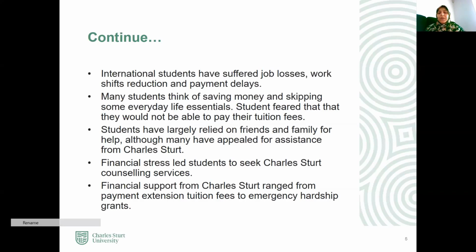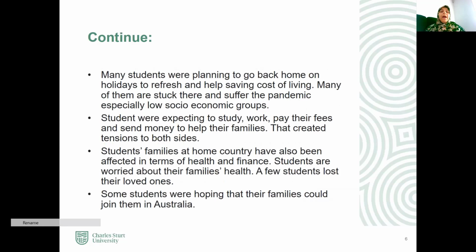Most of the students also appealed for assistance from Charles Sturt, and the financial stress led many students to seek counseling services. The financial support from Charles Sturt ranged from tuition payment extensions to emergency hardship grants, but to be honest, that wasn't enough to help students overcome these challenges.